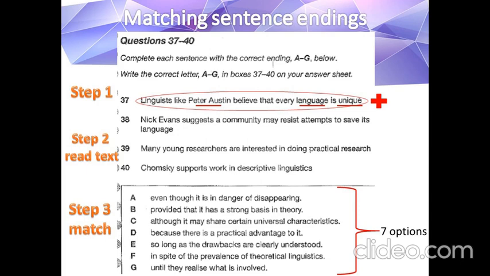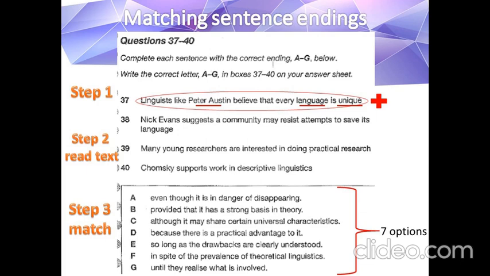And then you need to analyze it for negative or positive connotation. For example, in question 37, it says, linguists like Peter Austin believe that every language is unique. So the word unique makes the whole sentence have a positive connotation. So I put a plus nearby.